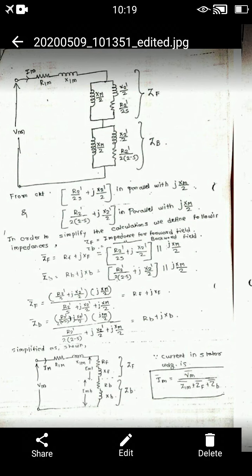So the current flowing through the stator winding is equal to Vm bar divided by Z1m, where Z1m is equal to R1m plus X1m plus ZF bar plus ZB. We can calculate the value of current from that equation, which is considered the equivalent circuit of a single phase induction motor based on the double field revolving theory.